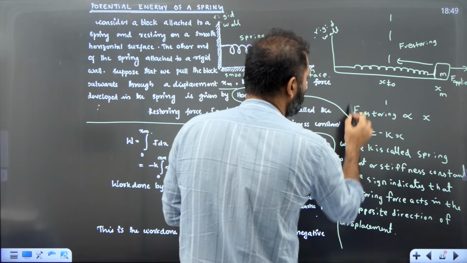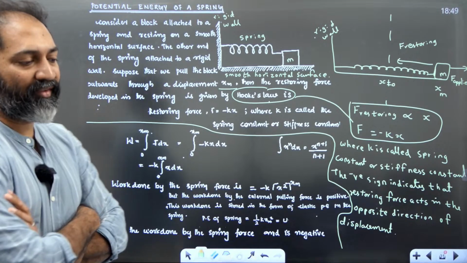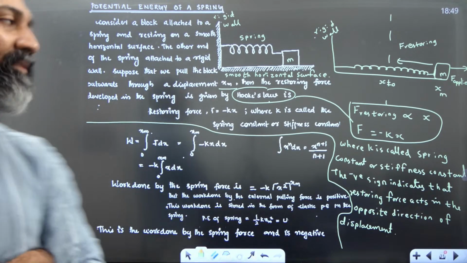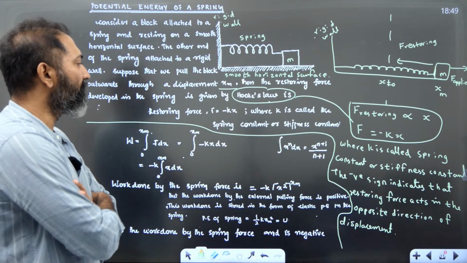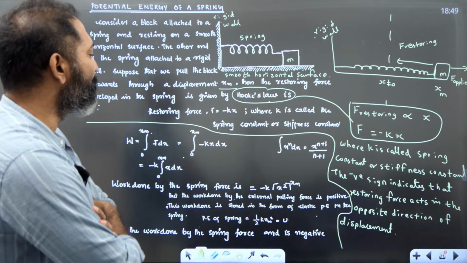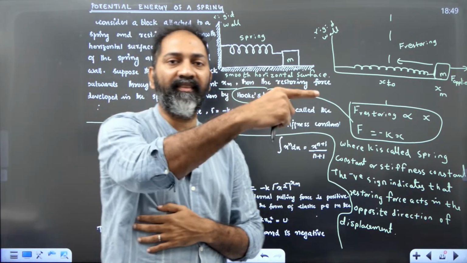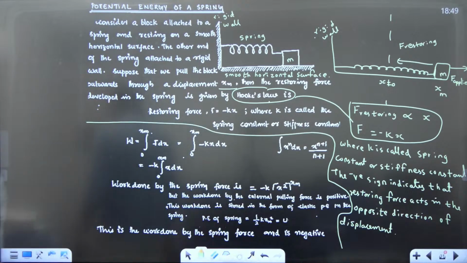F directly proportional to x, F equal to minus kx, or restoring force directly proportional to displacement. Restoring force equal to minus kx is called Hooke's law. Here k is called spring constant or stiffness constant. The negative sign indicates that if the displacing force is in this direction, the restoring force or spring force is in the opposite direction.